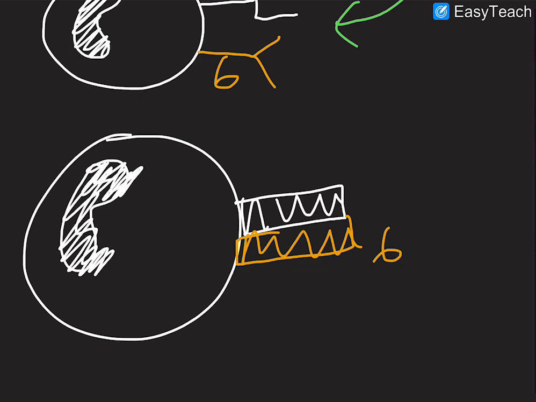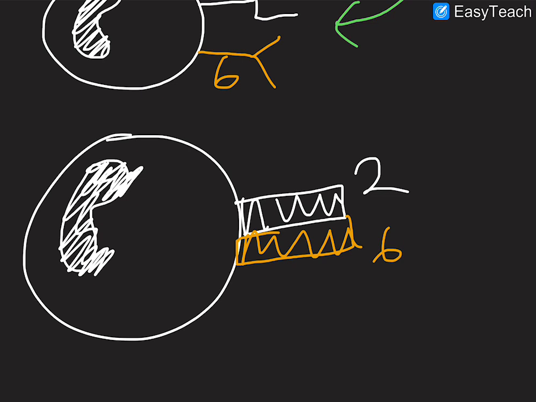So zymosin gets released from the fungus, in this case Candida albicans, and binds toll-like receptors 2 and 6, leading to their dimerization. Once toll-like receptors 2 and 6 dimerize, they get activated.